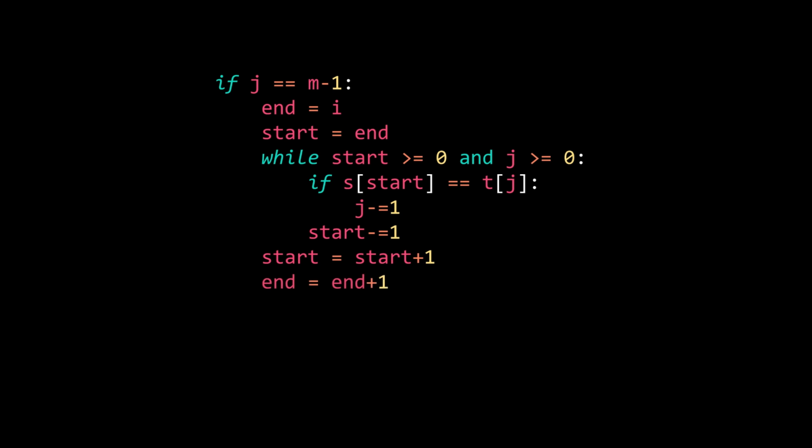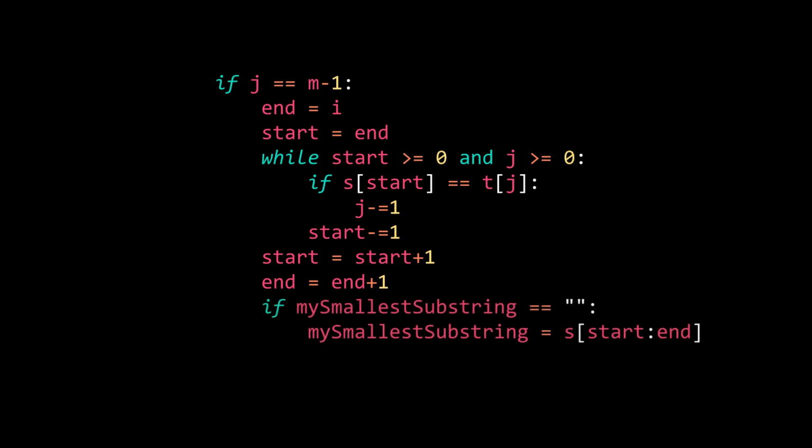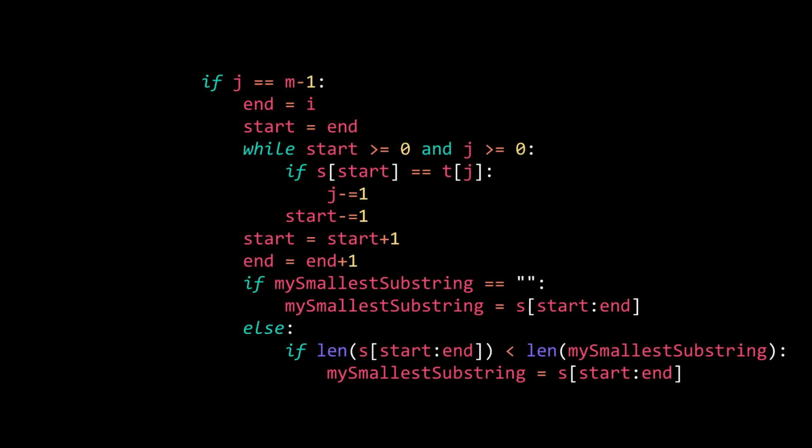So end will be end plus 1. Once we find the start and the end, we store our substring, which is simple logic. If it's an empty string, store the first substring that we encounter with the start and end pointers. And if we already have encountered a substring before, we store the one with the least length.